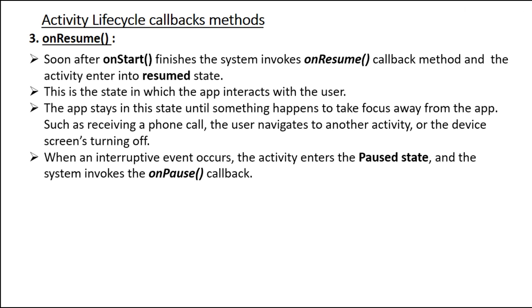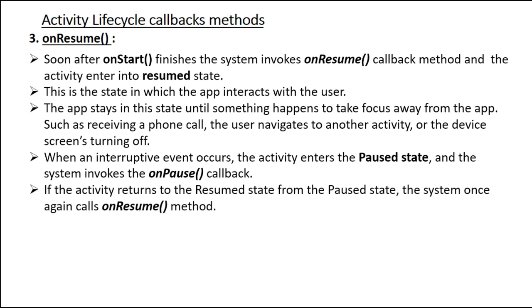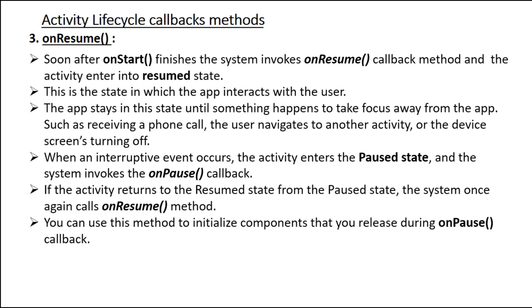When an interruptive event occurs, the activity enters the paused state and the system invokes the onPause callback. If the activity returns to the resumed state from the paused state, the system once again calls the onResume method. You can use this method to initialize components that you release during the onPause callback.